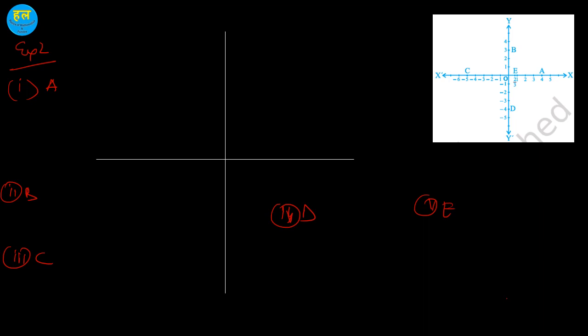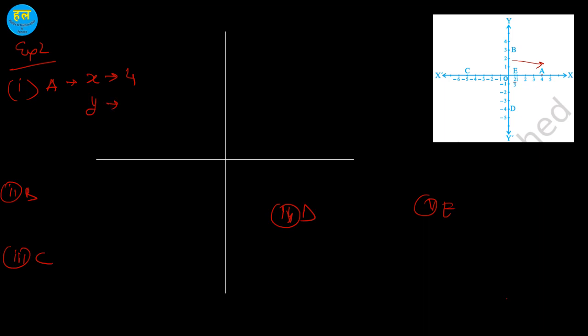Okay, so first A, the position of A. We can see here that A is on the right hand side of the x-axis, so for A we will take x as 4.